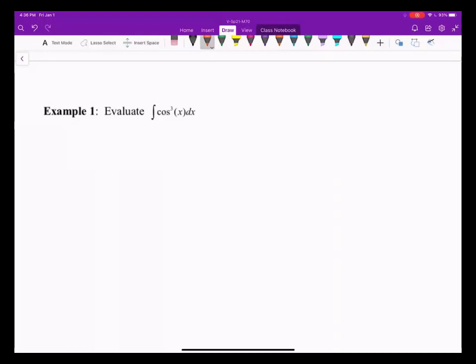Let's try to evaluate the integral of cosine cube x dx, which is not a combination of trig functions, but we notice that the exponent of cosine is odd. Whenever you have an odd exponent, you want to save one of them. So save one of the cosines.